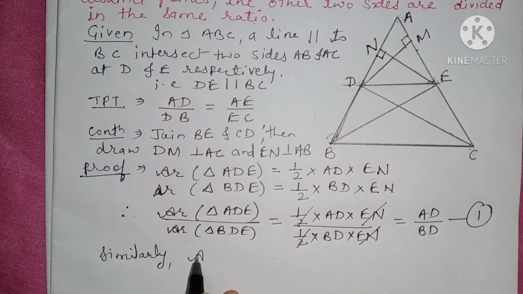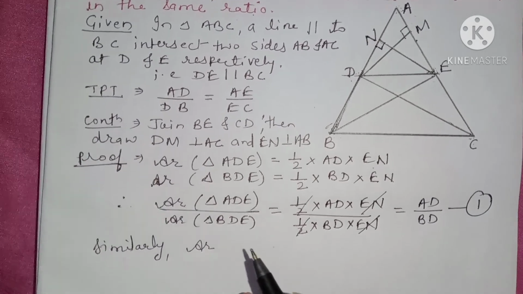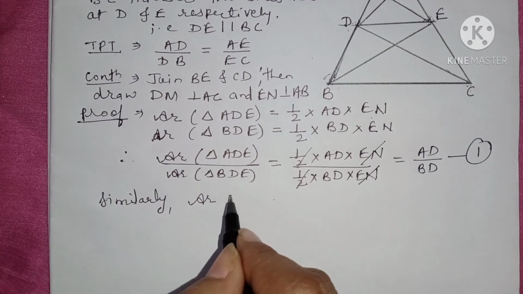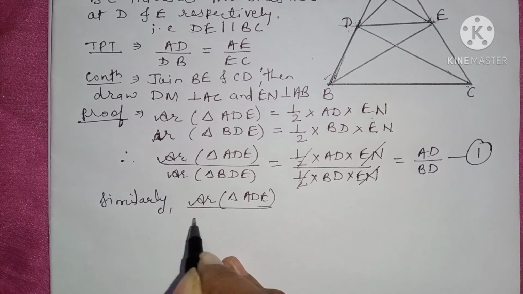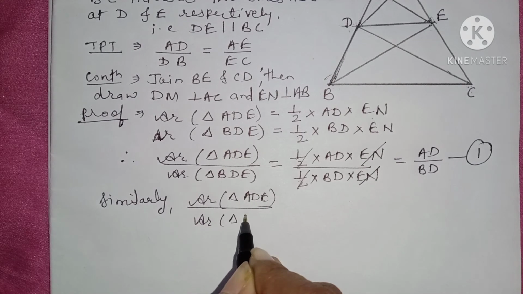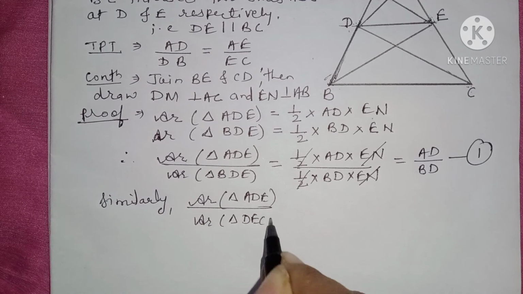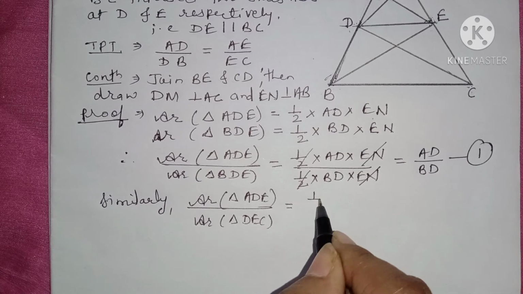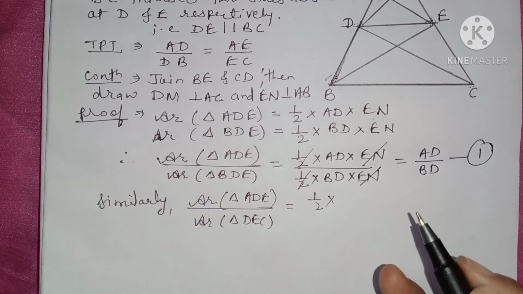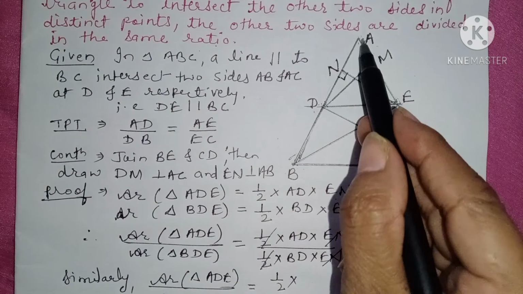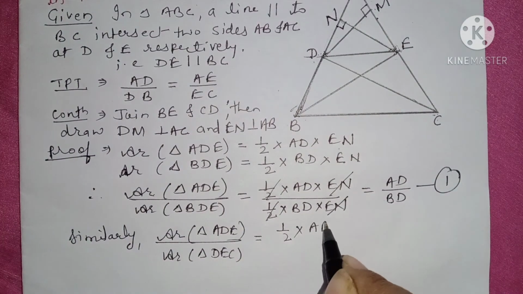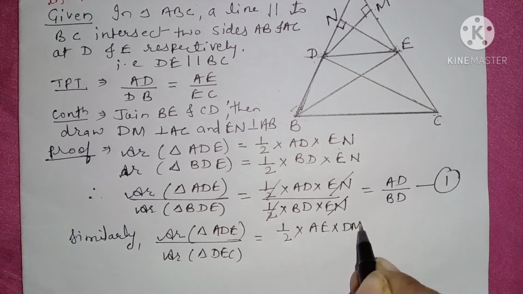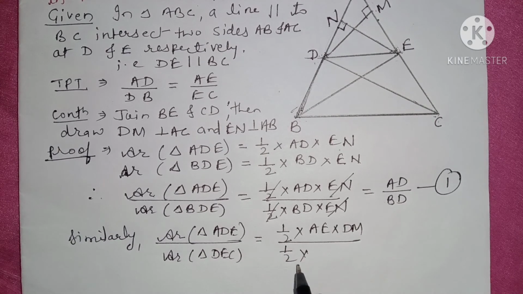we have area of triangle ADE upon area of triangle DEC is equal to half into, in ADE, see the figure, here in ADE we will take AE as the base and DM will be the height. So AE multiplied by DM upon half DEC.